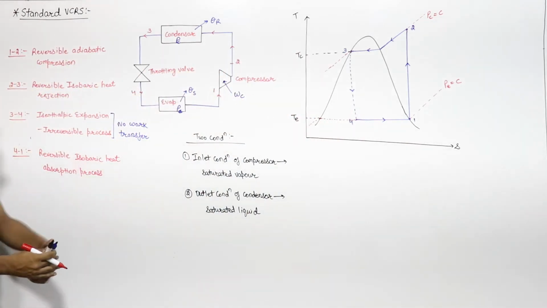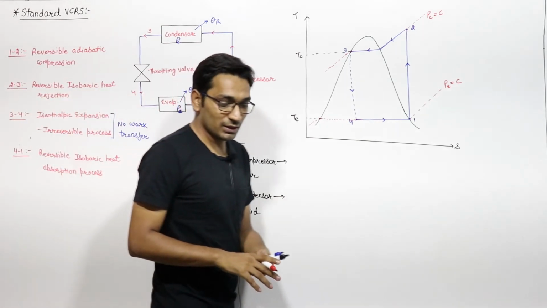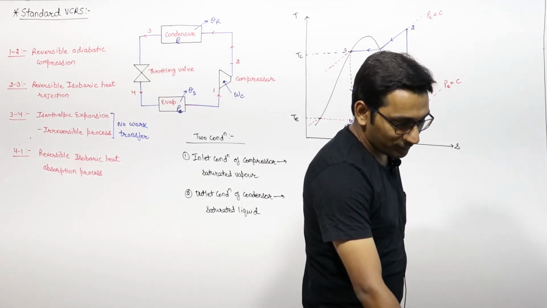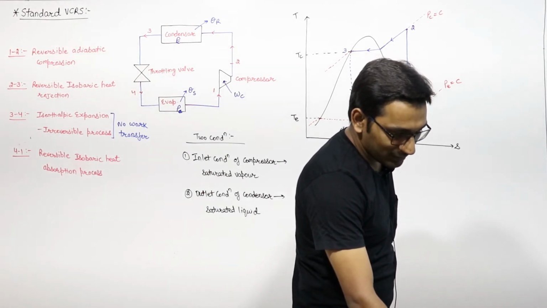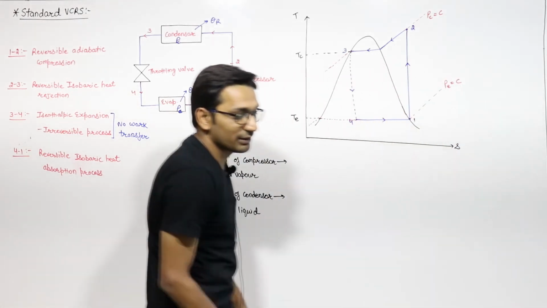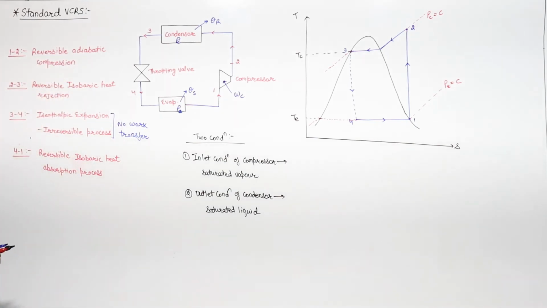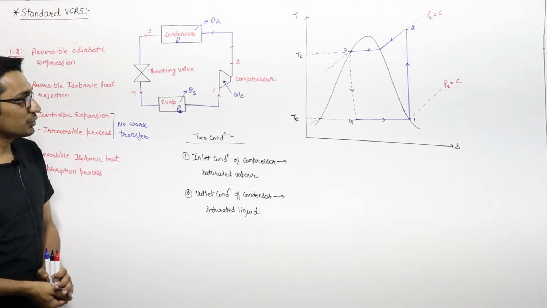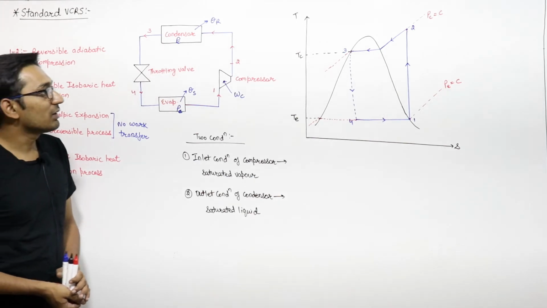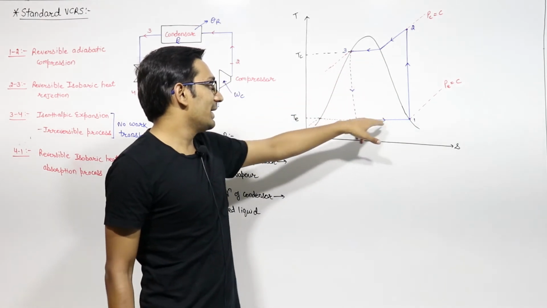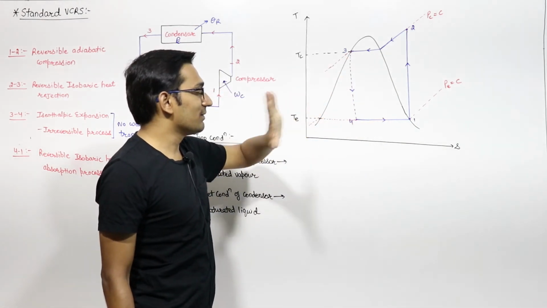These are the two conditions you have to remember while drawing the standard vapor compression refrigeration system. Now if I compare it with the Carnot refrigeration system, in Carnot refrigeration the heat exchange processes are isothermal. Here the processes are isobaric, and one process is irreversible.